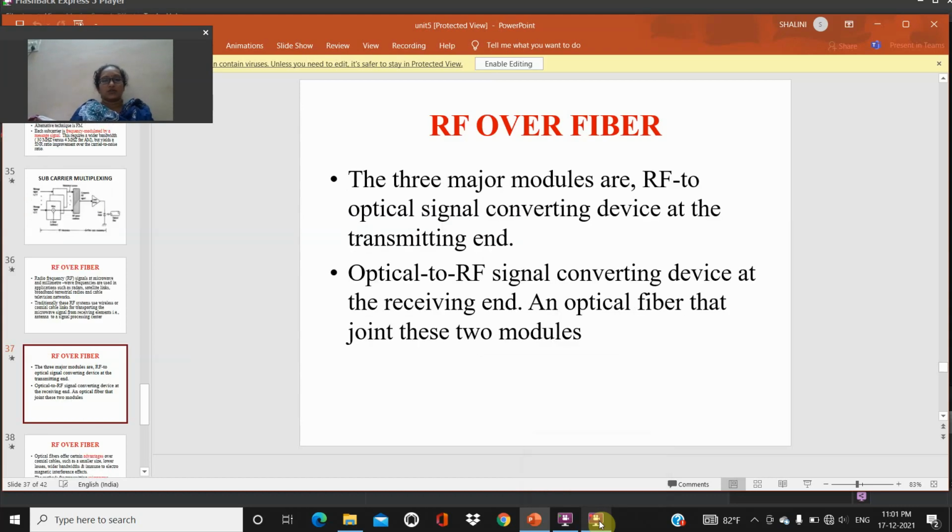In radio frequency over fiber, the three major modules are an RF to optical signal converting device at the transmitting end, an optical to RF signal converting device at the receiving end, and an optical fiber that joins these two modules.